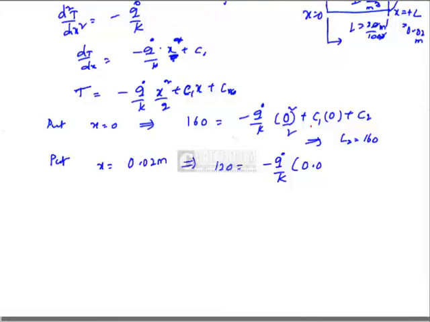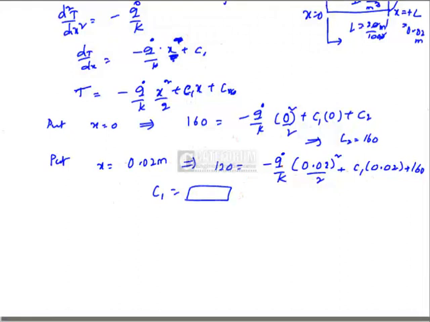When you integrate dT by dx is equal to minus q dot by k into x plus C1 on both sides, we get temperature is minus q dot by k into x square by 2 plus C1 x plus C2. So 120 is minus q dot by k into 0.02 whole square by 2 plus C1 into 0.02 plus C2, where C2 is 160. Putting the values of q dot and k, we will get the value of C1.